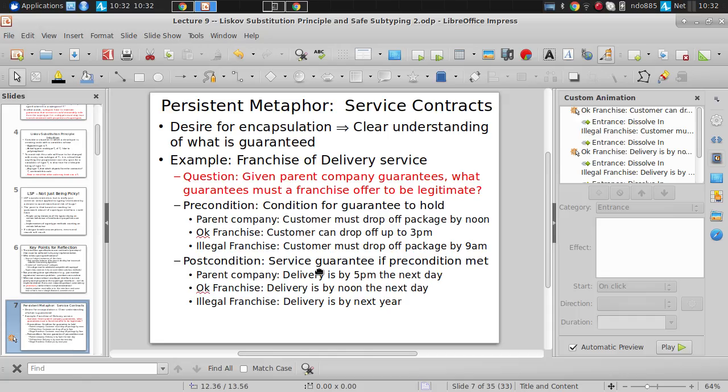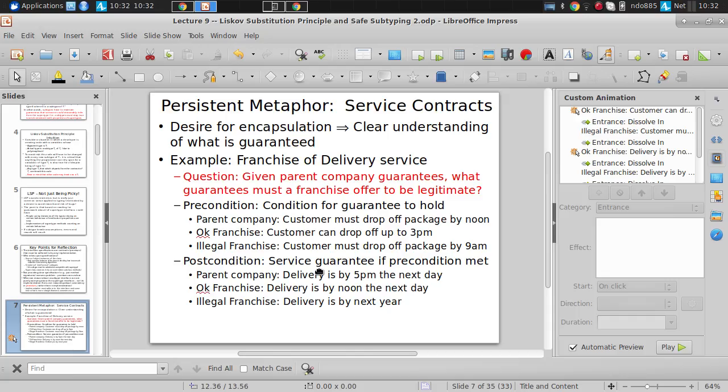So if for FedEx, the parent company says delivery is guaranteed by 5 p.m. the next day, we, as FredX, could say, you know, we can actually guarantee delivery by noon the next day. Because how are they going to be disappointed, right? If they're counting on delivery tomorrow by 5 p.m., and you tell them, well, actually here we guarantee delivery by noon, that's still fine because that was within the set of possibilities, right?